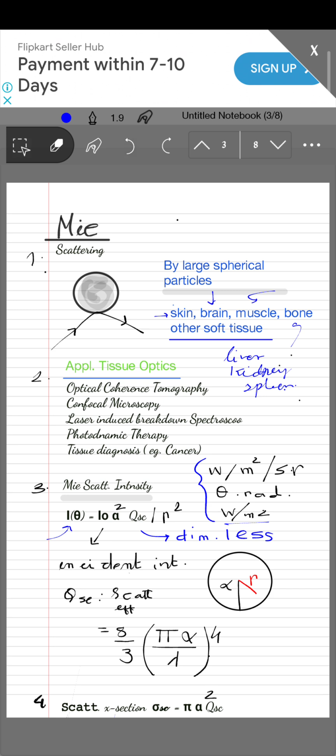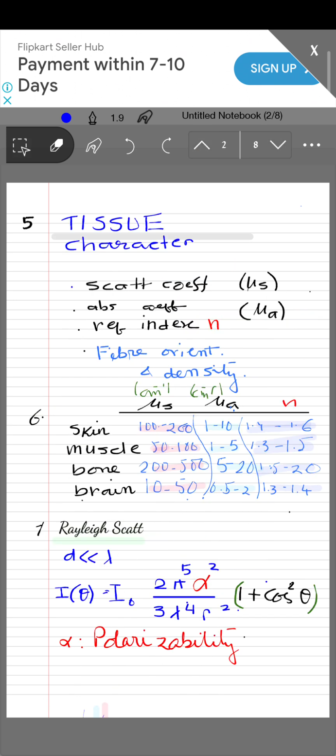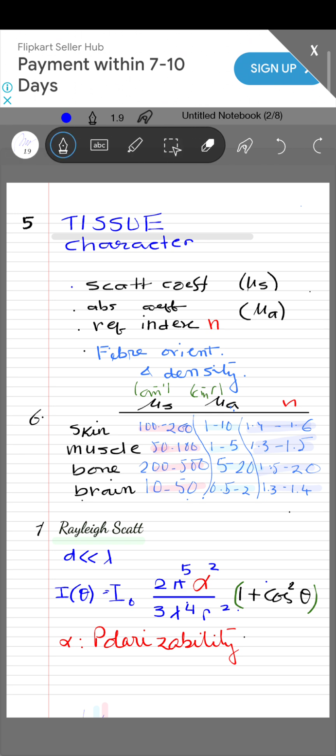Now, to characterize a tissue by means of light, the parameters that are considered are mainly the scattering coefficient, the absorption coefficient, the refractive index, and the fiber orientation and density.